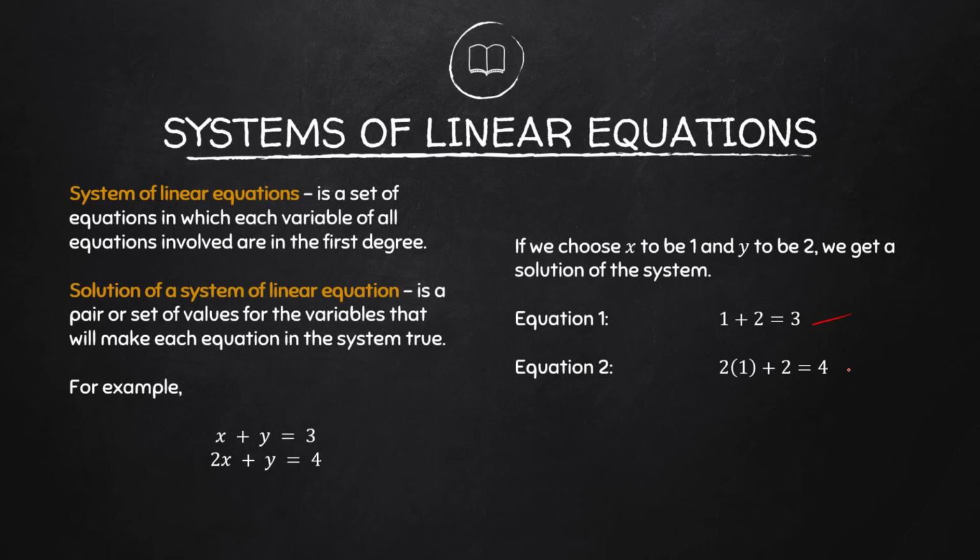Take note that when you substitute a pair or a set of values to the variables, it should satisfy all of the equations in the system, not just one of the equations. We can also express these values as an ordered pair (1, 2). This will be discussed later on when we graph the systems of linear equations.